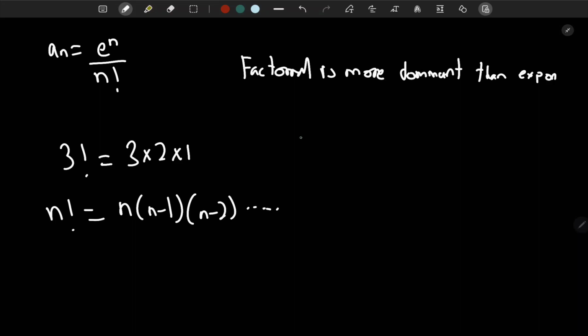So just try substituting, let me try doing e to the power of 13 over 13 factorial, and see what answer this gives. You can try this on your calculator.